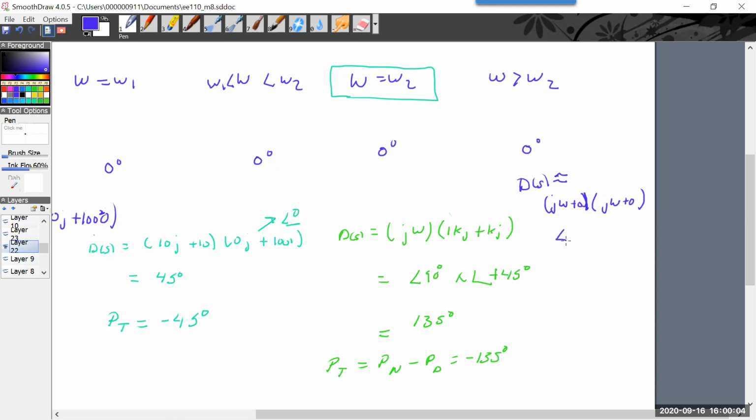So that means J omega just becomes omega 90. This becomes omega 90 as well. We're ignoring the magnitudes, right? We combine these. Phase total equals 0 minus 180, which equals minus 180.